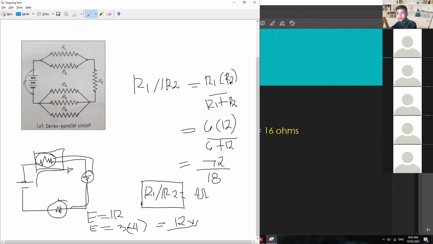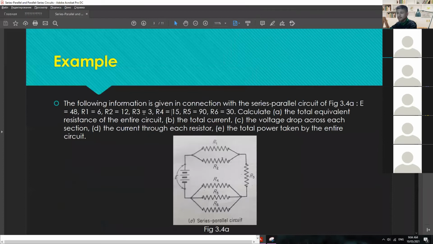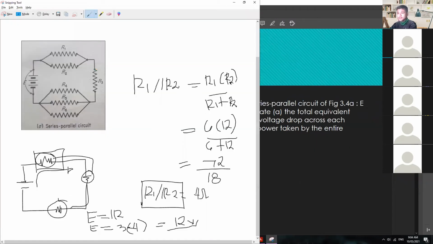Okay? And then for the R3, so wala naman na tayong problema dito kung ano man yung value ng resistance na yan. So R3 is equal to 3 ohms. So in here, just multiply this one by I. Okay? So 3 times 3 is equal to 9 volts.